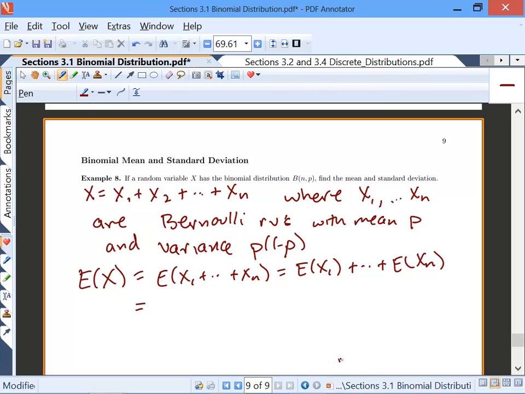So the expected value for each one of my xi's is a Bernoulli random variable, so the expected value is p. So this is p plus p plus p. How many of those p's am I actually adding up? x1 to xn, so I added up n of them. So the expected value for a binomial random variable is n times p.